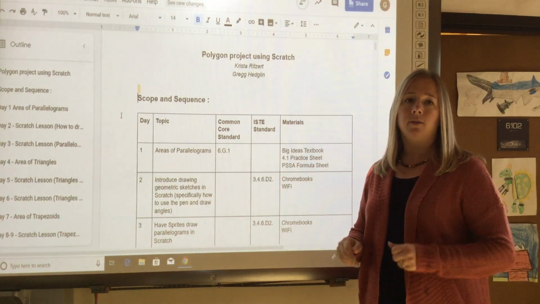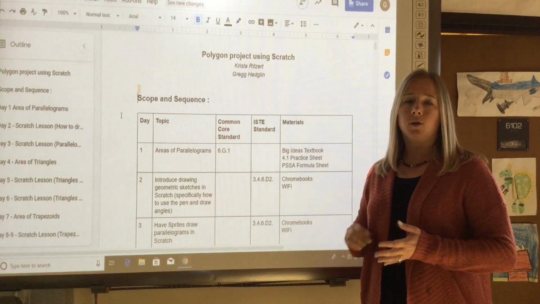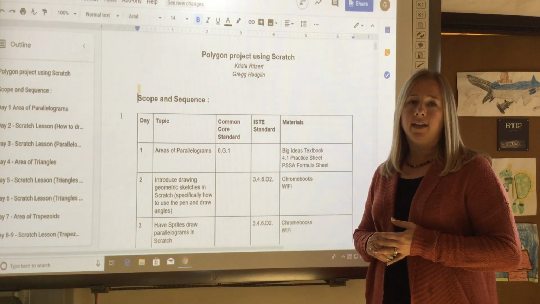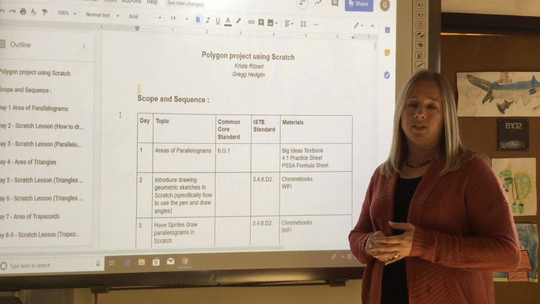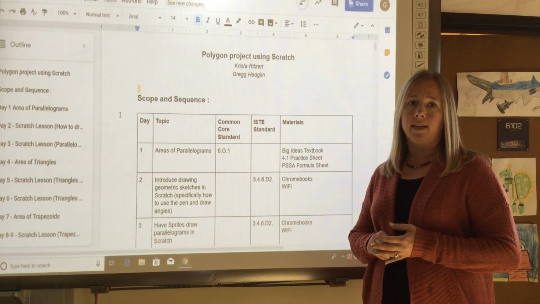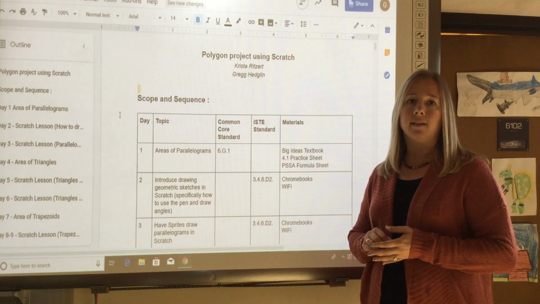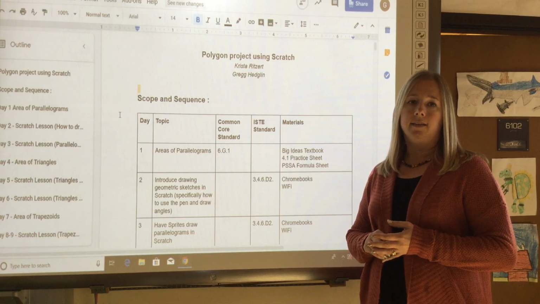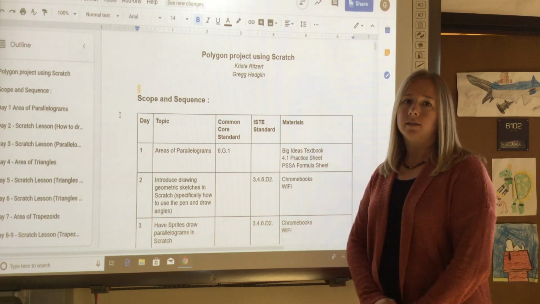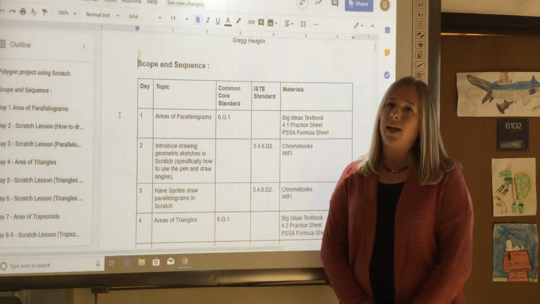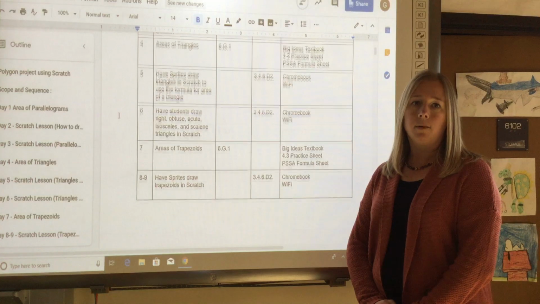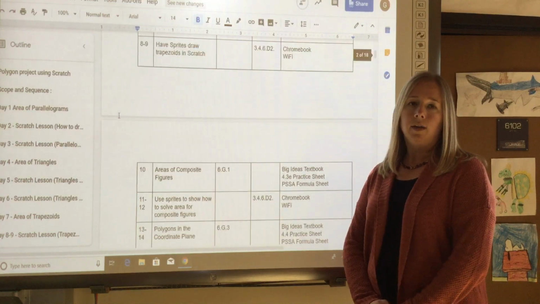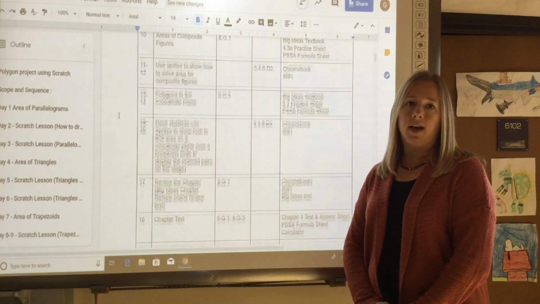We were able to not only apply our Common Core standards for finding area, but then we were able to use Scratch to build upon understanding and to really get the kids to be able to create their own images and show why formulas work. We have an hour and 20 minutes a day that we're able to devote to our math lessons, and so we easily reach that 25-hour mark.